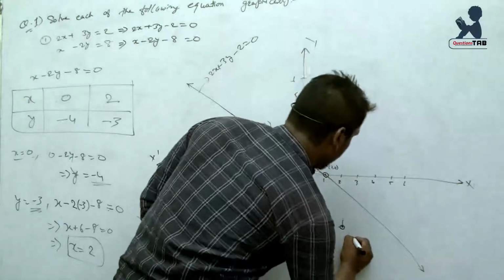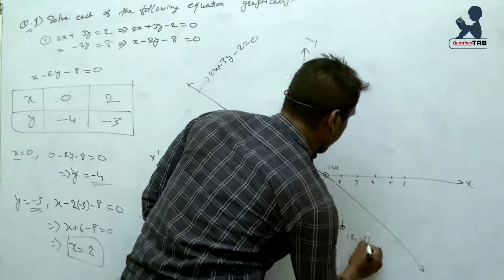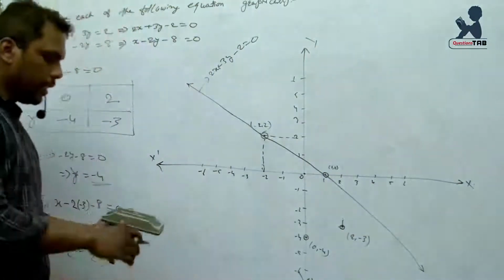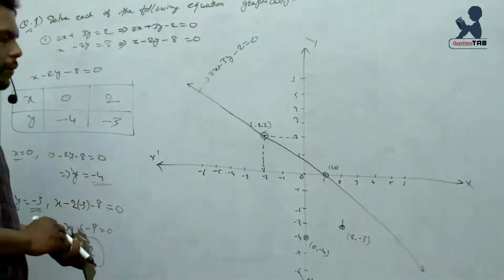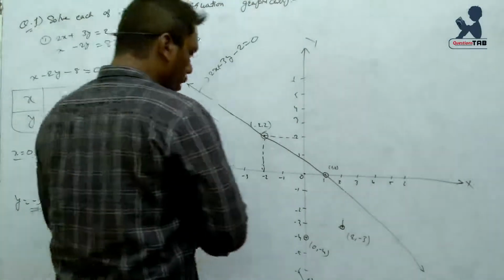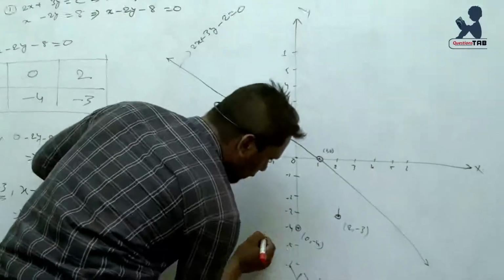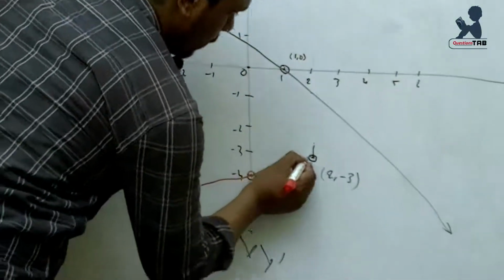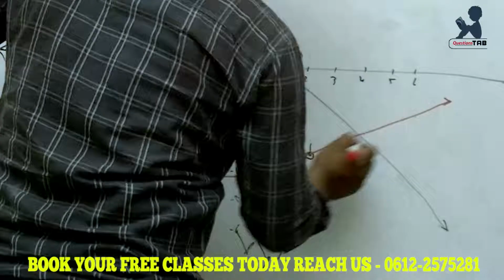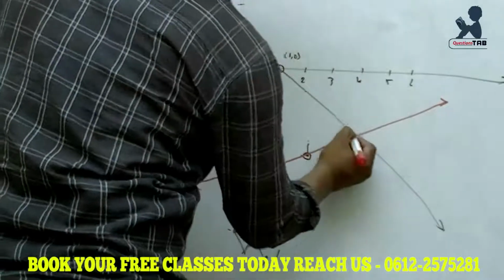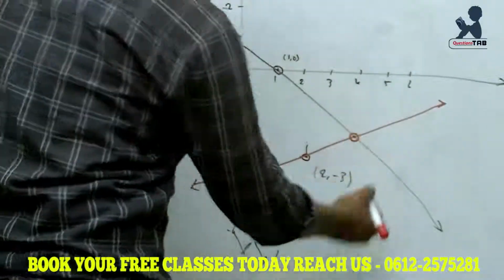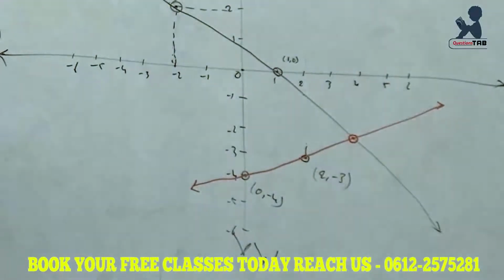For x equals 2, y is minus 3, and when we join these 2 points, then we get a cutting point here.